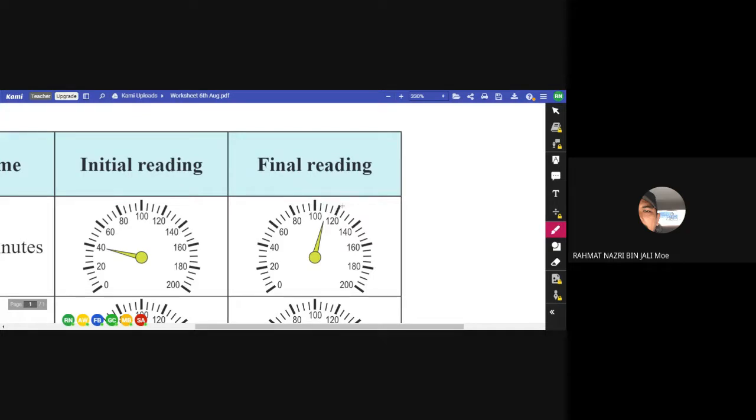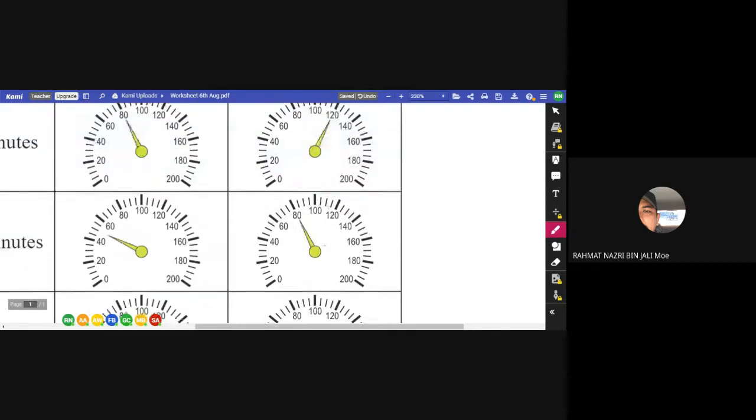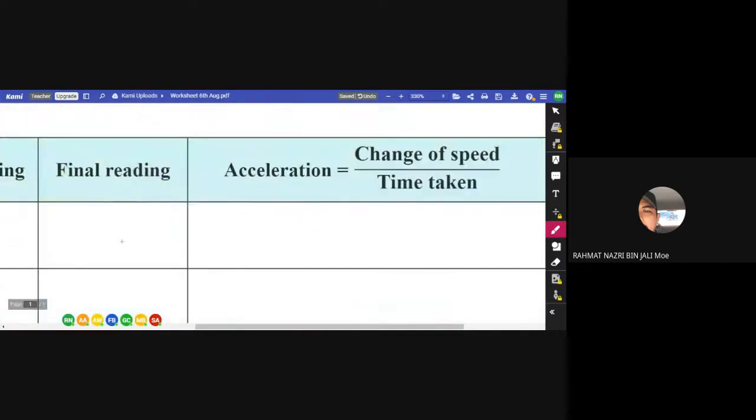So from 100 to 120 is 20 units divided by 4. So each mark represents 5 units. So when the needle is at the second one, we have 110. So we have 110 for the final reading.